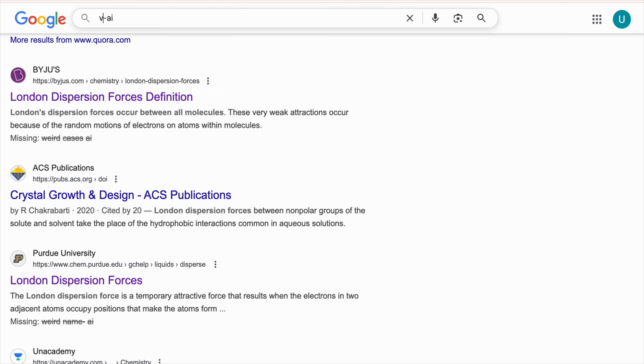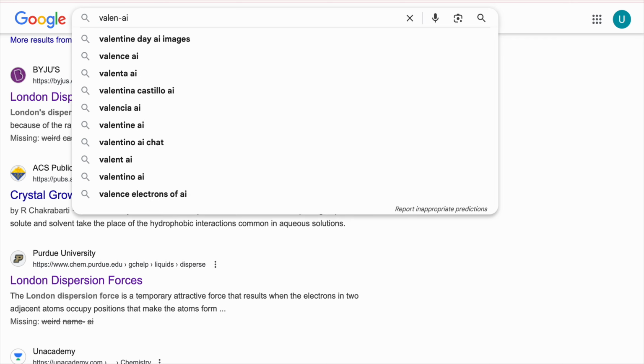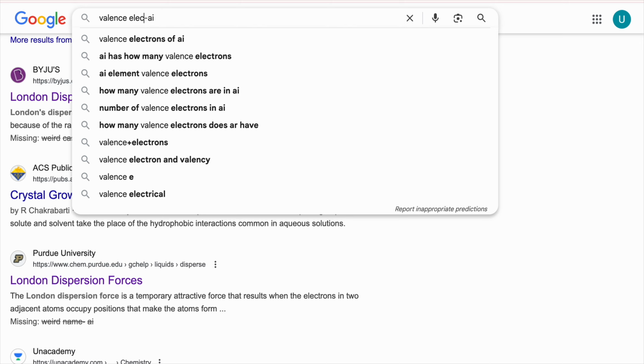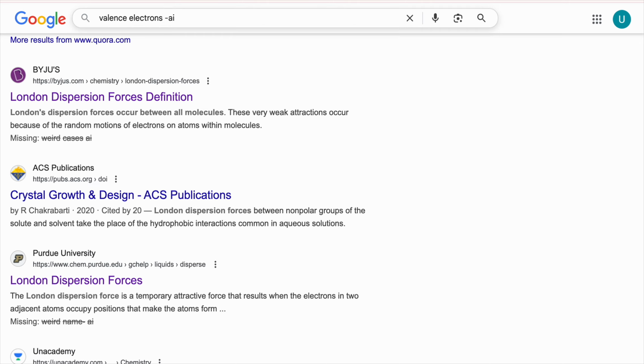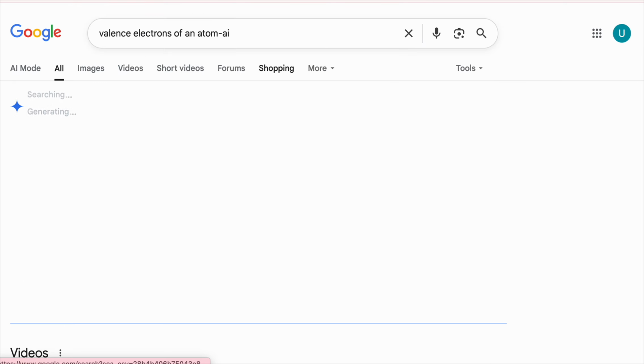Let's study valence electrons of an atom.